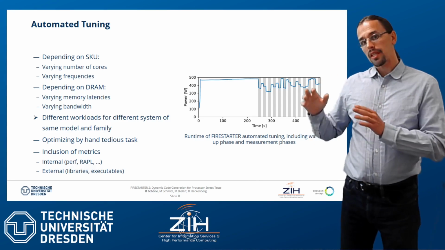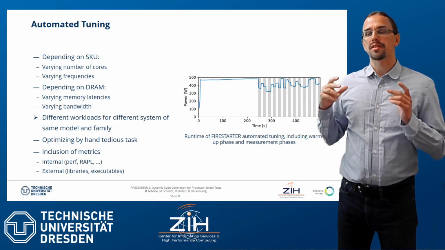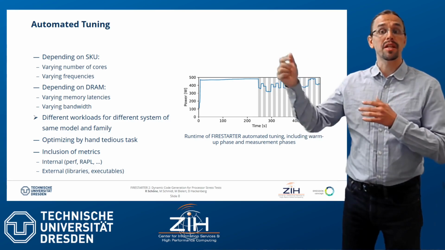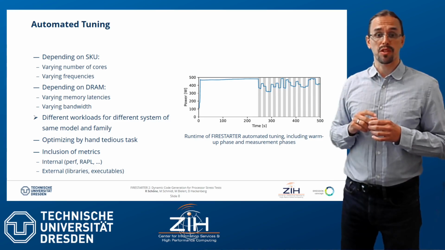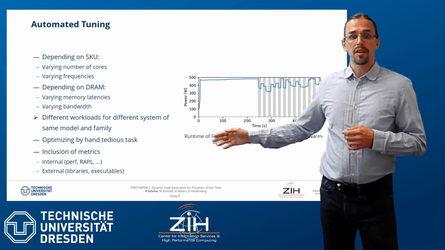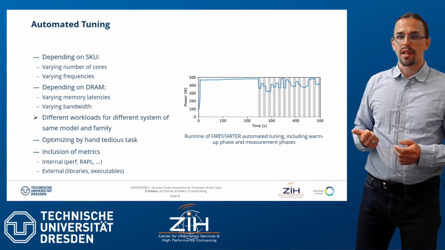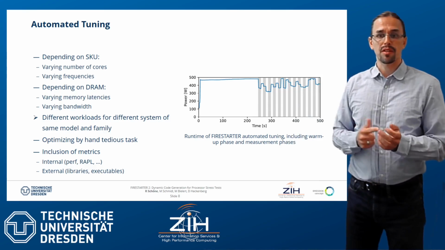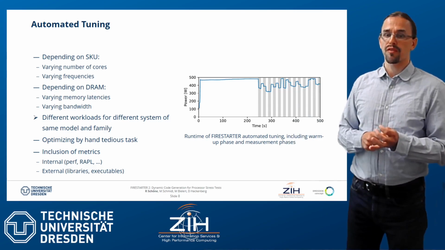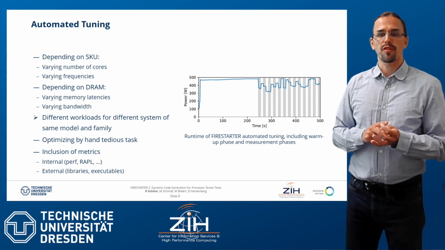Okay, so we go away from that thinking that there's a single best workload for a specific processor model, and that's where the automated tuning comes in. We integrated some metrics. There are some internal metrics like instructions measurement and cycle measurement via the perf interface. There's a RAPL measurement via sysfs and also perf, I guess.